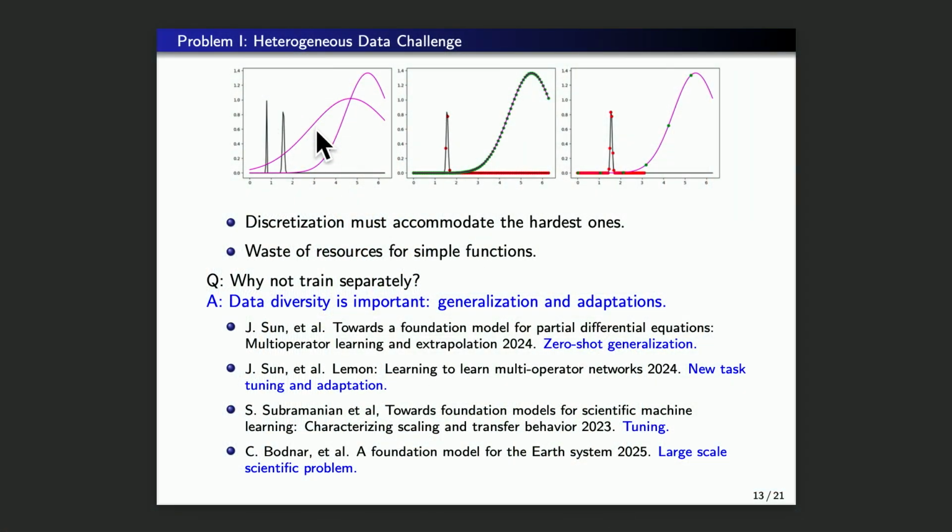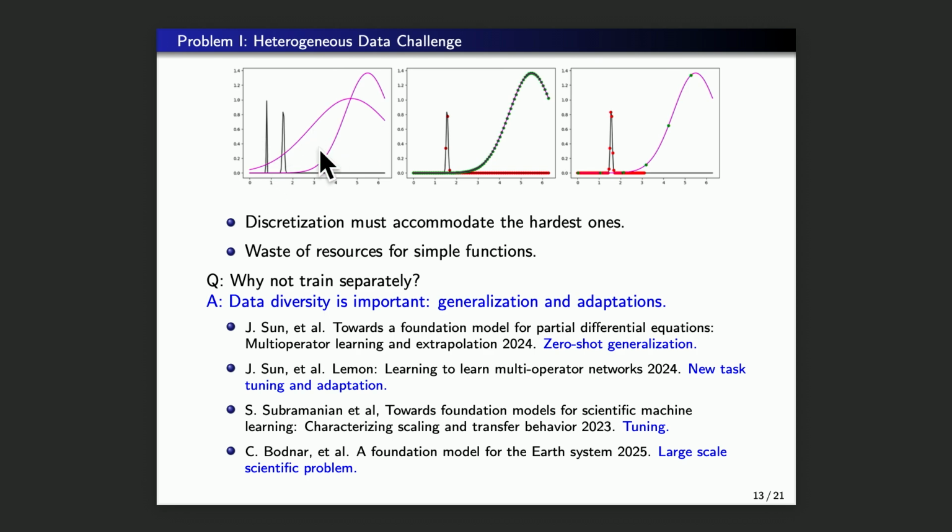Just like we have different PDEs, and the PDEs present very different properties. You have a diffusion process, maybe very smooth and converging to the steady state. You may also have a conservation law, which may present a shock, with a lot of discontinuity, moving forward in time. So this is one easy example to illustrate the heterogeneous data set.